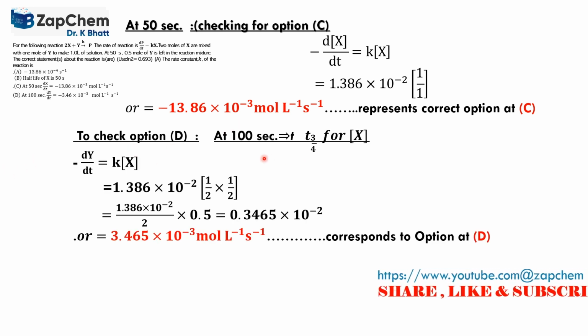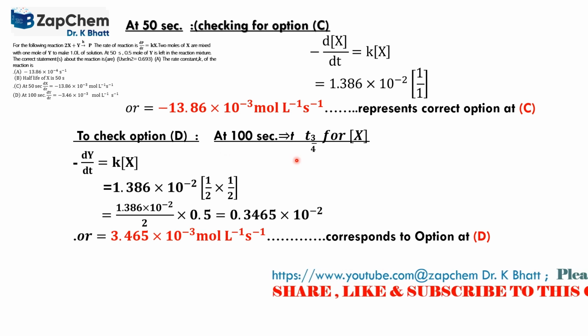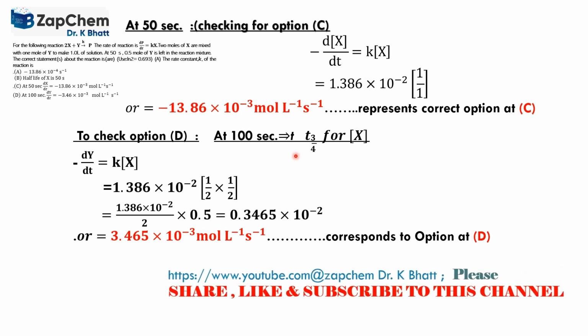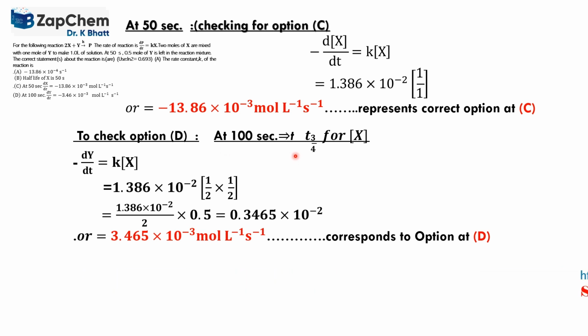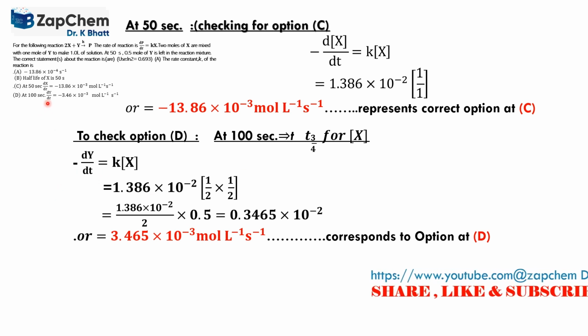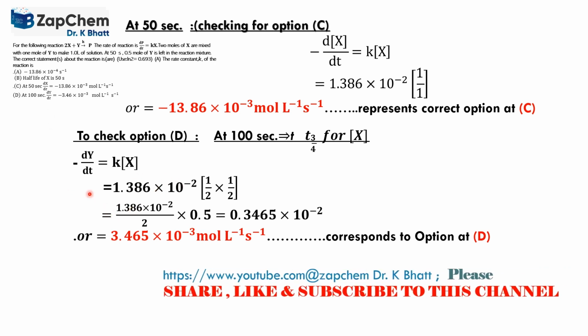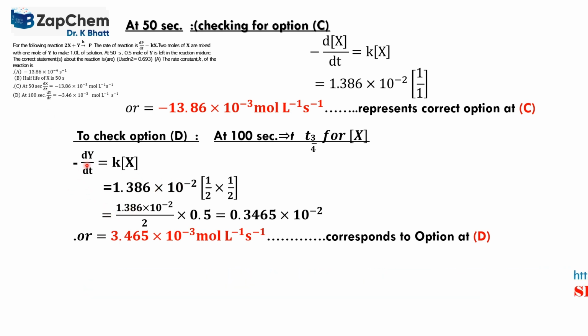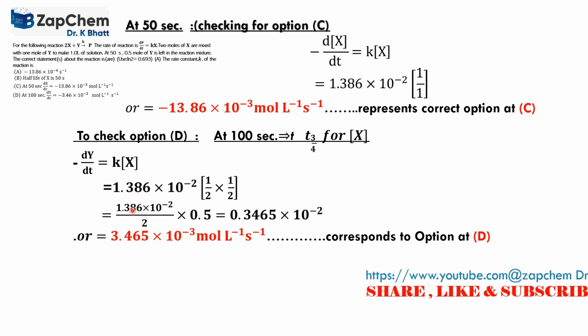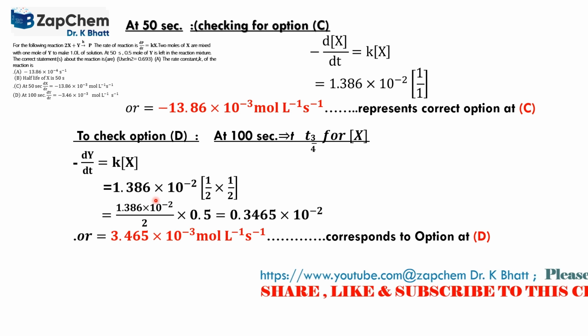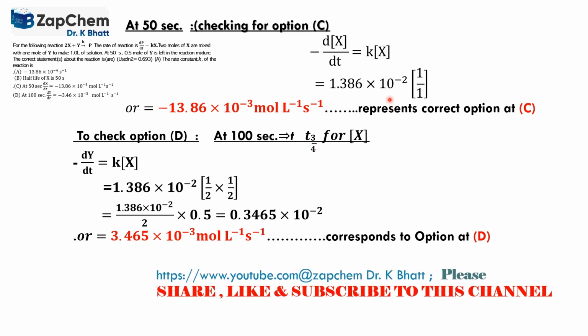Now let us check option D. To check option D, that means at 100 seconds, how much Y will be used up. We have to find the concentration of Y here, dy. It has to be negative, so minus dy/dt is equal to Kx. And K we have calculated as 1.386 into 10 to the power minus 2.